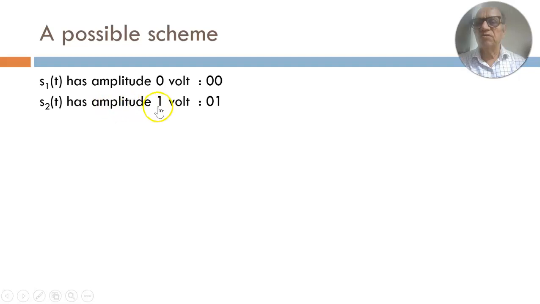So s2(t) has amplitude of 1 volt and it represents 0 1. s3(t) has amplitude of 2 volts and it represents 1 1. Note that it is 0 0, 0 1 and then 1 1.